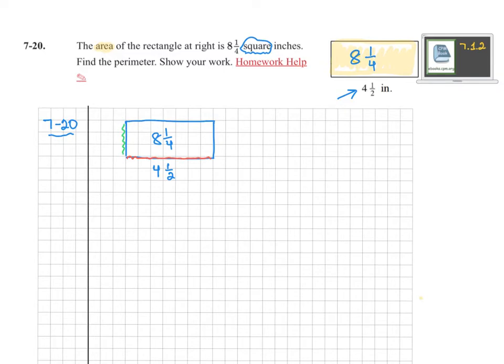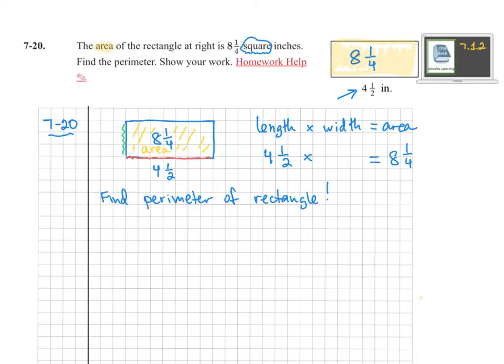However, we know that area is found by using length times width. So I have 4 1/2 times a missing piece of information equals 8 1/4. That's one way to think about it.